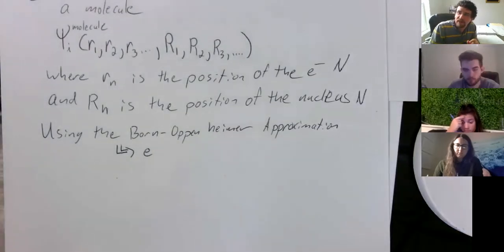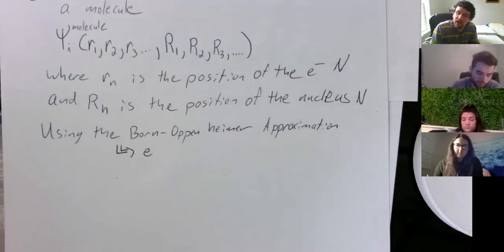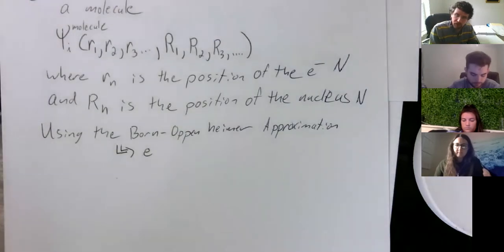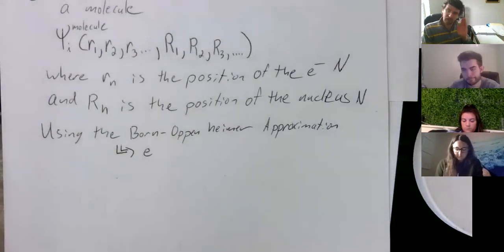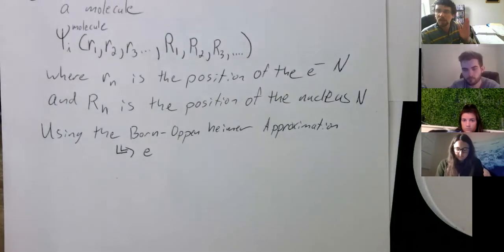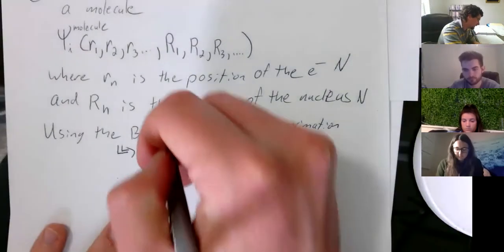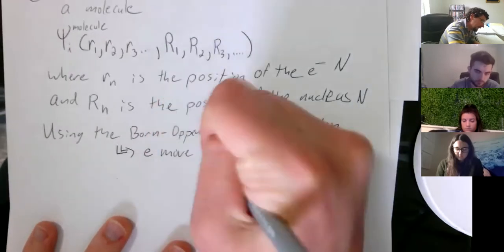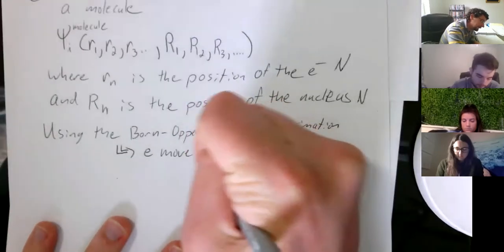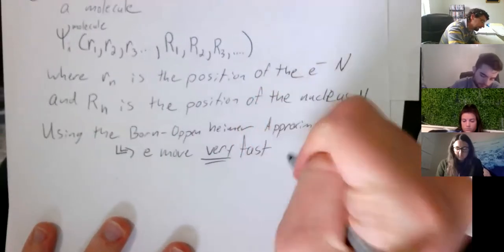And if we're looking at the time scale of the electron, which one moves faster, the nuclei or the electron? Electron. Yeah, the electron is moving so much faster than the nuclei that, in the reference frame of the electrons, the nuclei look like they're not moving at all. So the electrons move very fast compared to nuclei.